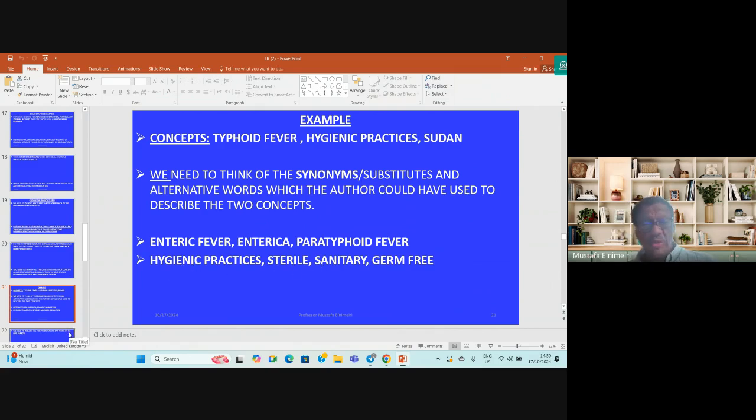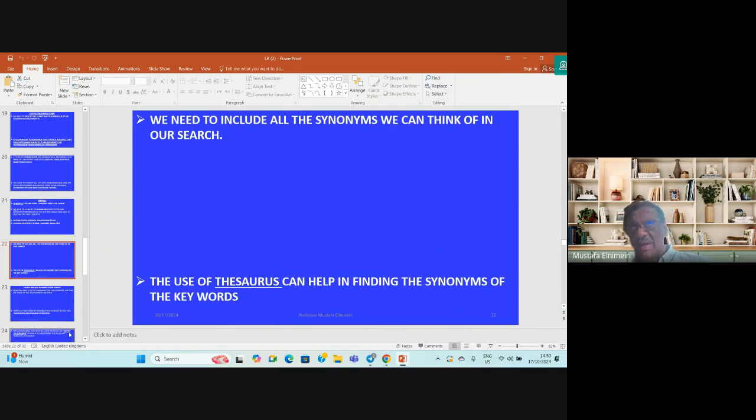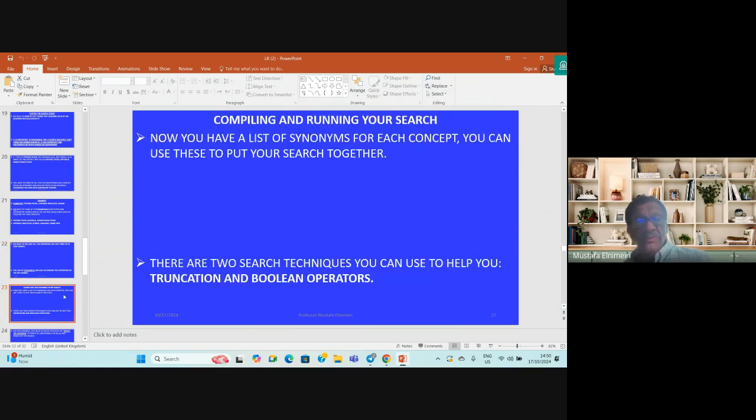All these could be used by different authors when publishing their articles. So we need to include all the synonyms we can think of in our search in order not to miss any important literature. The use of a thesaurus can help in finding the synonyms of keywords.